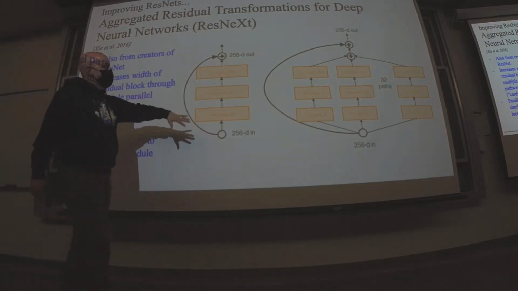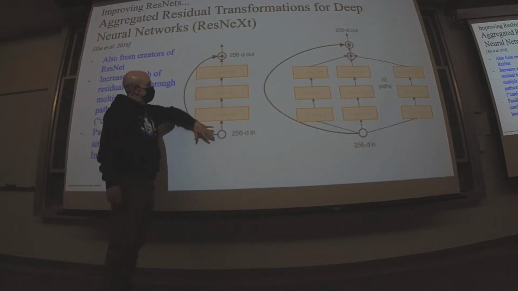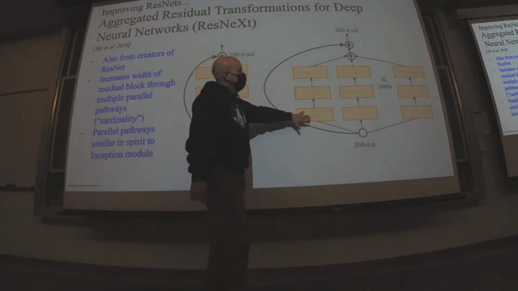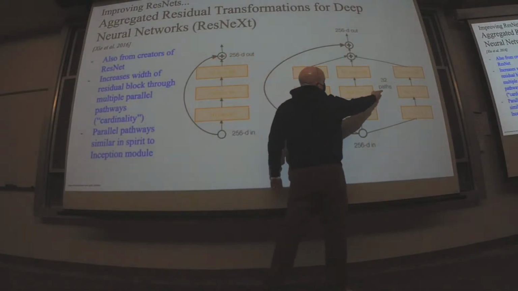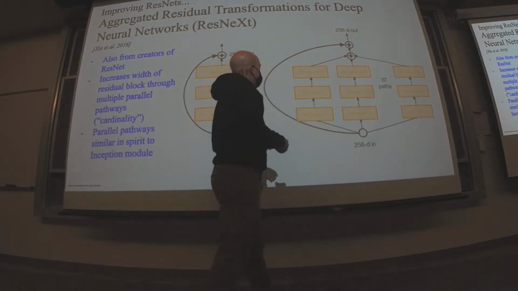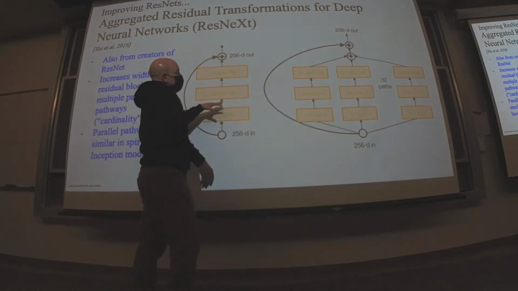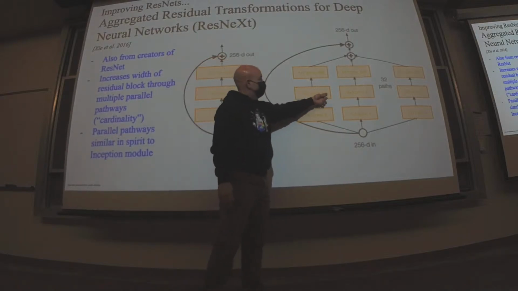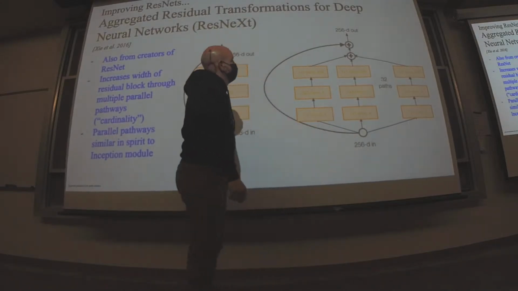But the residual blocks, instead of looking like this, now have multiple pathways through here. In fact, tons and tons of them. A typical block might have 32 of these paths through here. You have far fewer filters in each one of these paths.